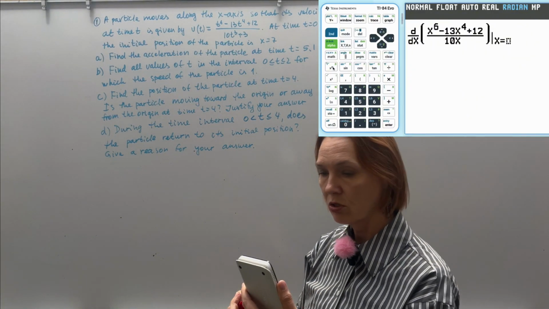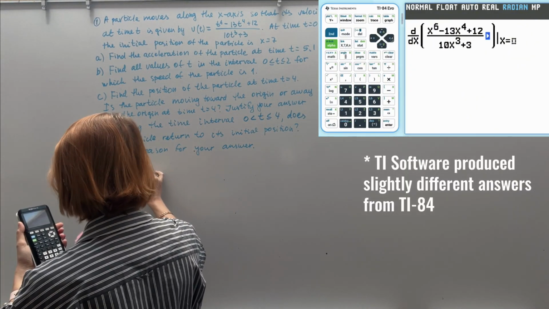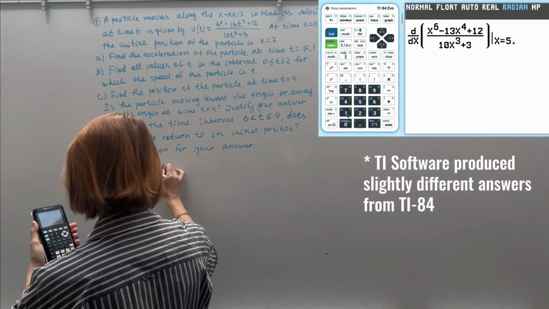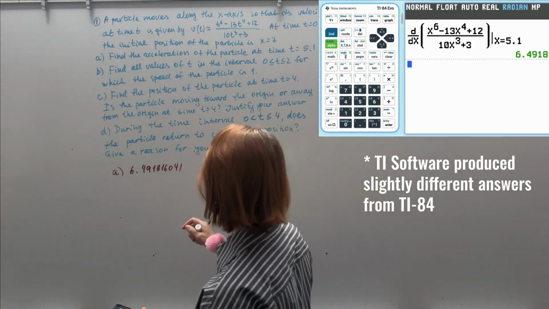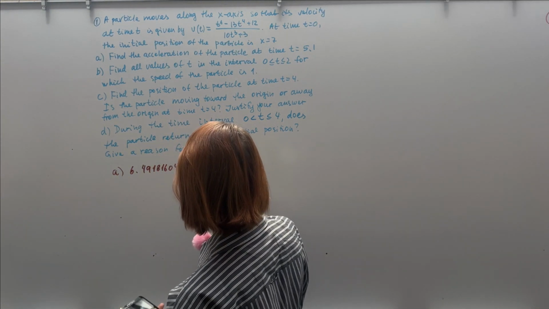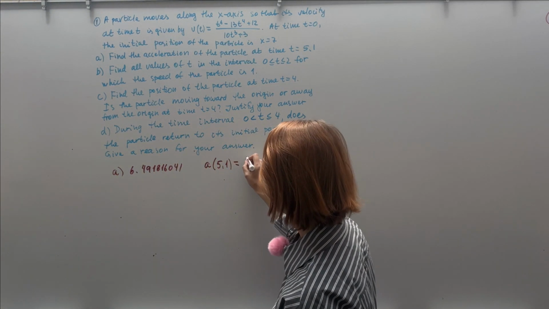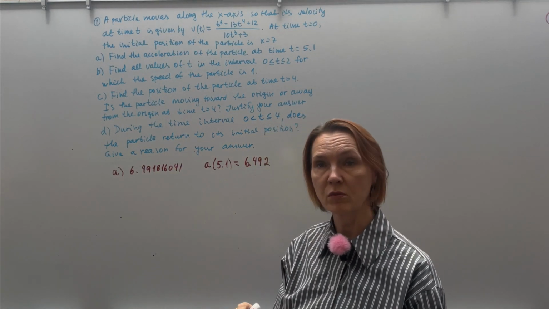The calculator is going to give you the answer of 6.491816041. You will have to say that the acceleration at 5.1 equals 6.492, rounding to 3 decimal places.